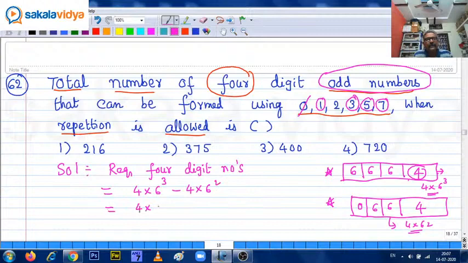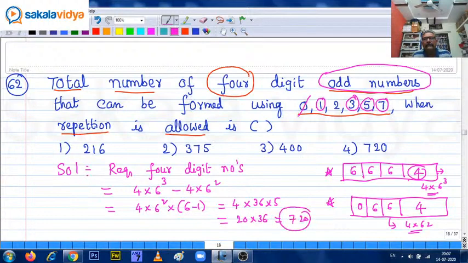Take 4 into 6 square common. We get 6 minus 1. That means 4 into 36 into 5, so 20 into 36 equals 720. So the fourth option is the right option.